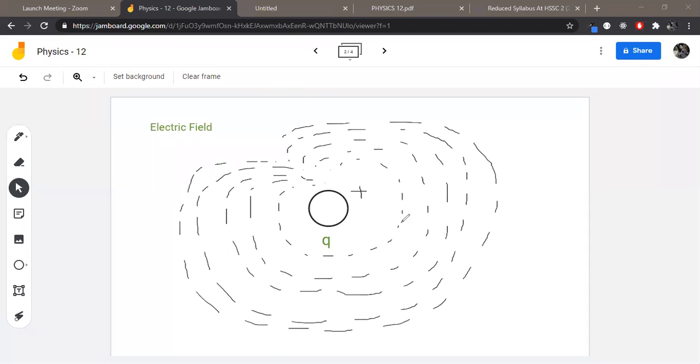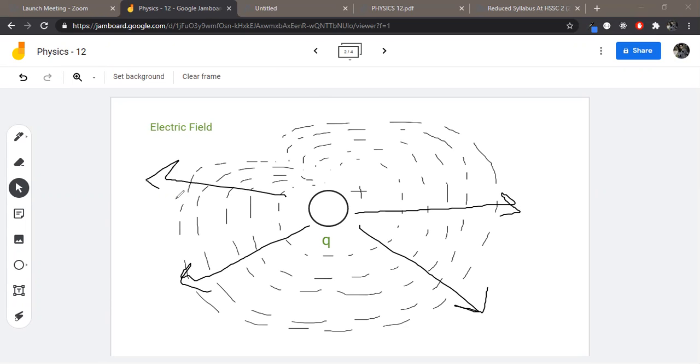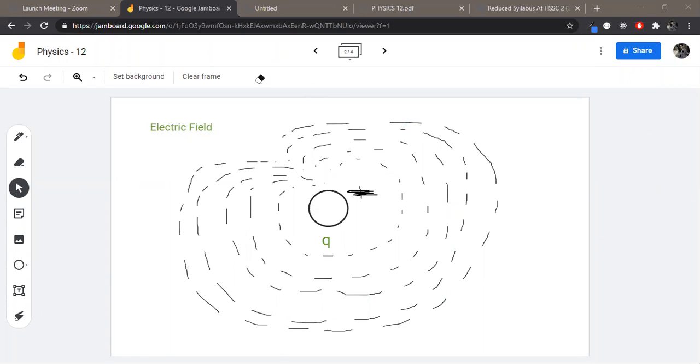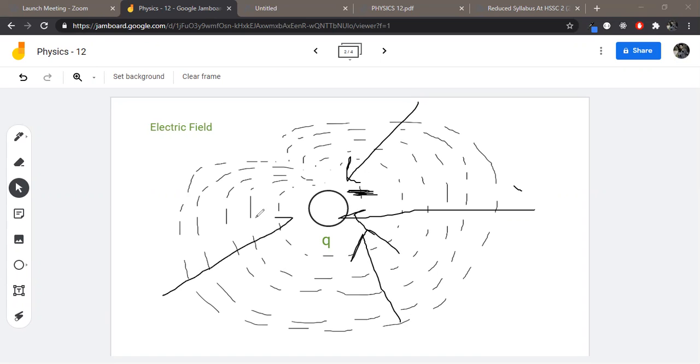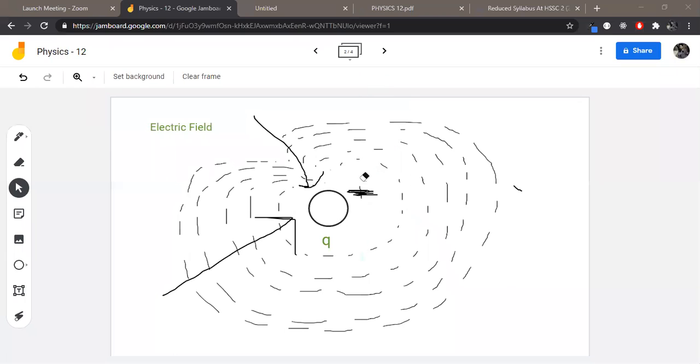So in case of positive charge, the lines of electric field are outward. They come out of the charge like this. And suppose if I had a negative charge, then the lines would be inward, and they will be like this. So electric field is a region around a charge in which the charge can exert its force on any other charged particle.